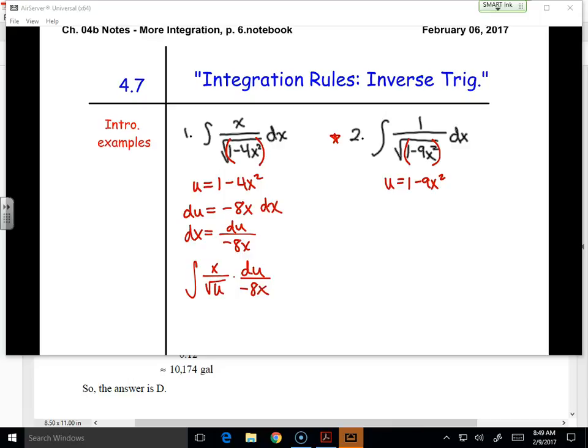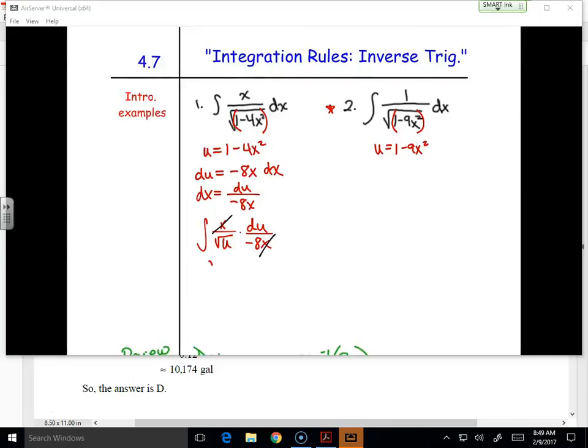Now guys, you don't need me to solve this whole thing. I'm just asking, should we be able to get to the end of negative 1/8, not 8, negative 1/8? Should we be able to keep going on this one? Oh yeah.